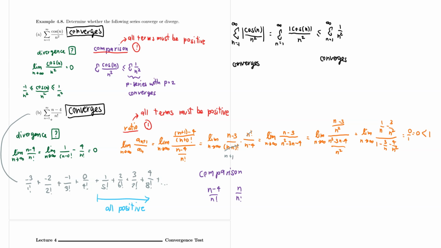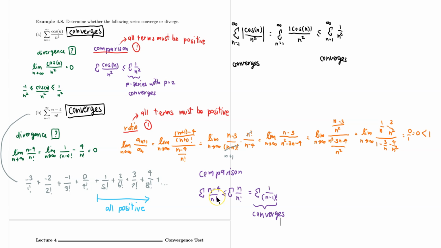And we can see n minus 4 over n factorial is going to be less than or equal to n over n factorial, which is just 1 over n minus 1 factorial. And we can look at these series. Now I can again use the ratio test and conclude that this guy is going to converge. And because the series in the question is less than or equal to the guy that converges, that means this guy also has to converge.